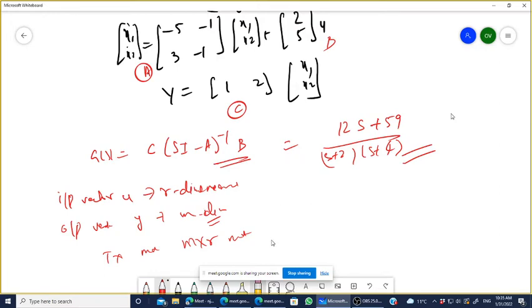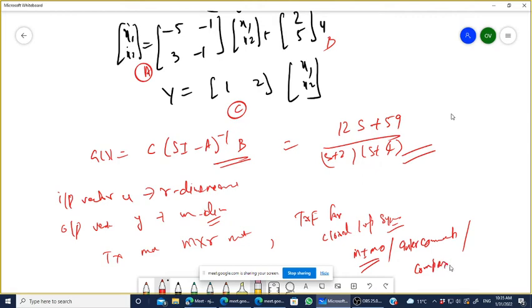After that, we will also see the transfer matrix and transfer function for the closed loop system. We will also see how the transfer function is found for the MIMO problem, or the interconnected problem, or the series compensator.